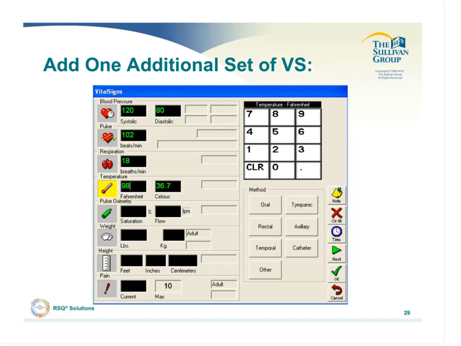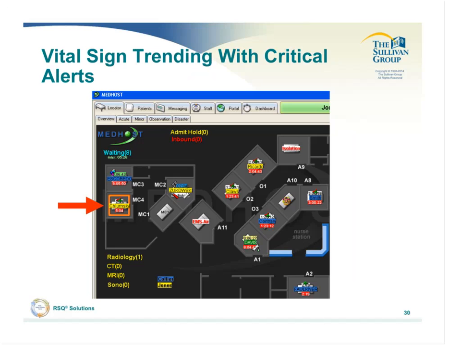And having made the decision, is it 20%, 25, 30% increase or drop in mean arterial pressure, we're going to let the practitioner know. So we're going to enter one more set of vital signs. It's going to cause on the tracking board or the locator board a critical alert. A big orange square shows up in front of the entire emergency department.